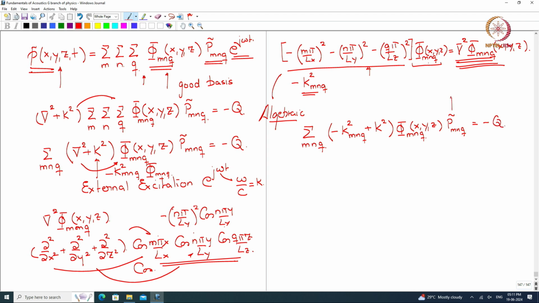Here p tilde m and q are unknowns, they are the coefficients which have to be found, okay. So, now we use orthogonality of these modes, orthogonality of mode shapes.